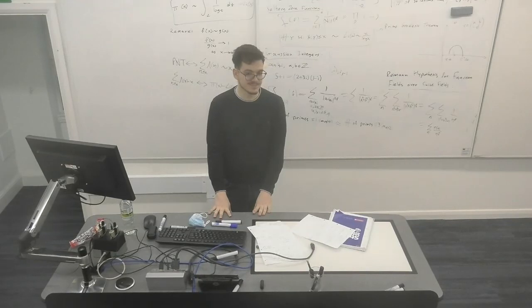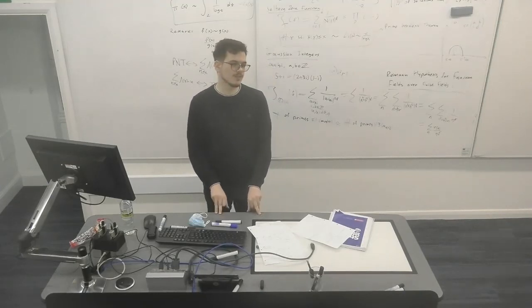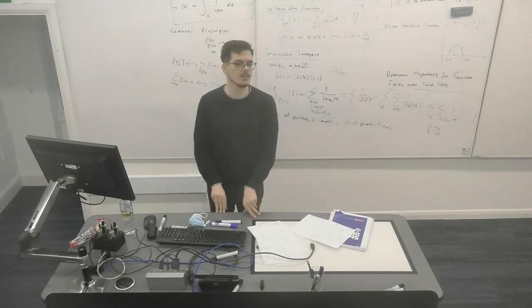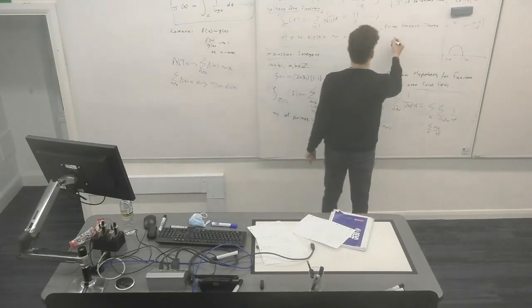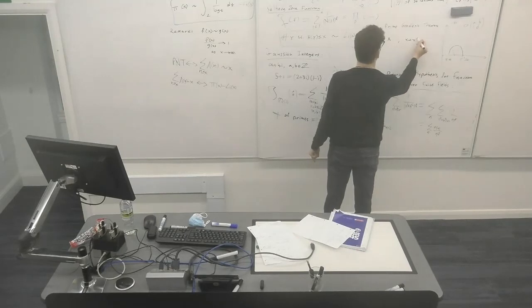Are prime gaps related in any way to the Riemann hypothesis? Not really, at least not in the way that they study them nowadays. Of course, if you're talking about prime gaps like this one that I showed, then yeah.